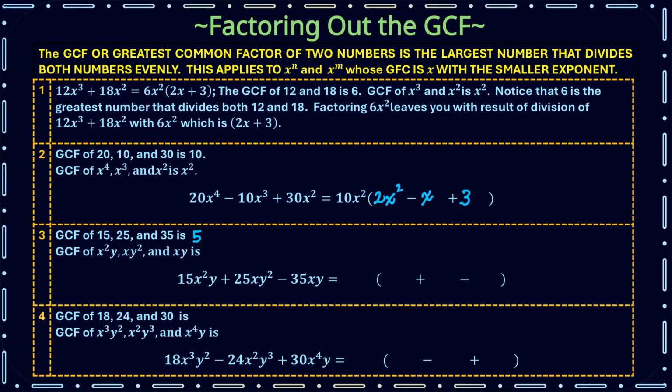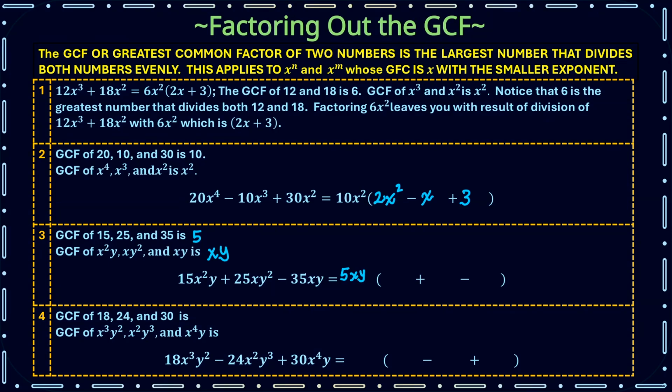For x, the GCF is going to be x with the smaller power. We have x squared, x, x. Those x's have power 1. So the GCF of x squared, x, x is x. And for y, y squared, and y, the GCF likewise is y. So the GCF of the entire polynomial is 5 for the coefficients and xy for the variable factors.